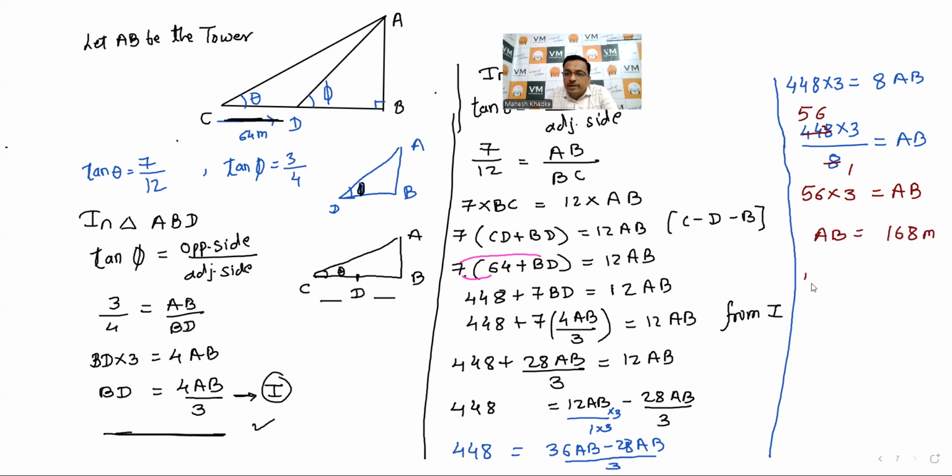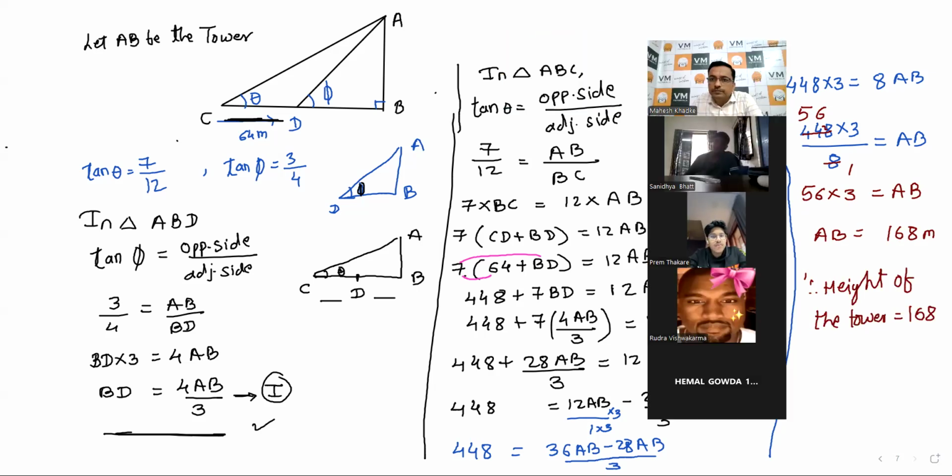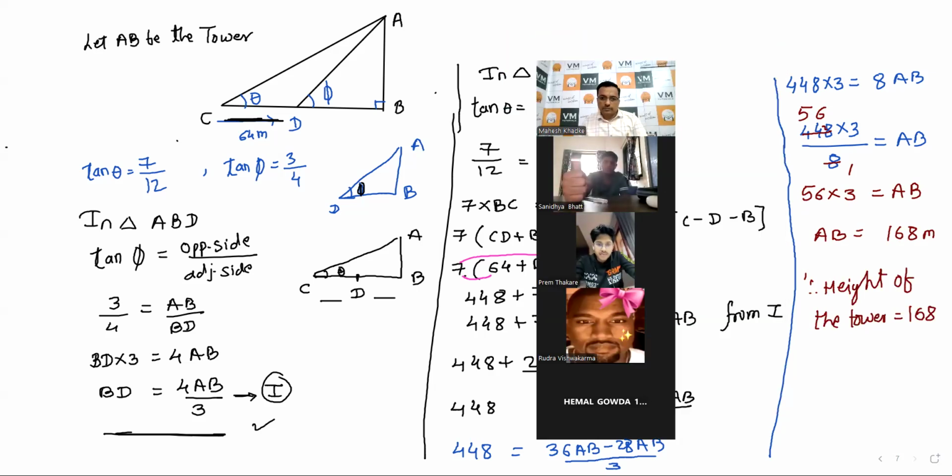This is 168 meter. Therefore, height of the tower is equal to 168. Got it? Understood? Yes.